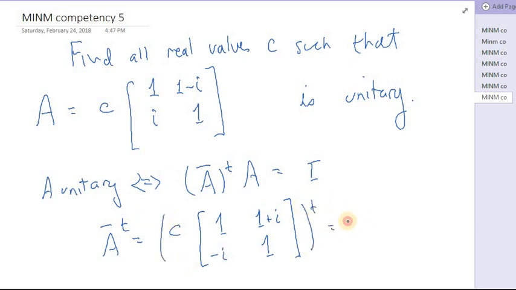And so that's going to be, the C stays the same, the diagonal elements stay the same, and the off-diagonal elements switch. So that becomes 1 plus I times 1 minus I times minus I. Right? So let's go ahead and form A conjugate transpose, or we call A star, times the matrix A. So let's go down and do that.